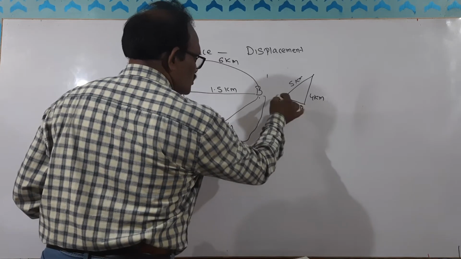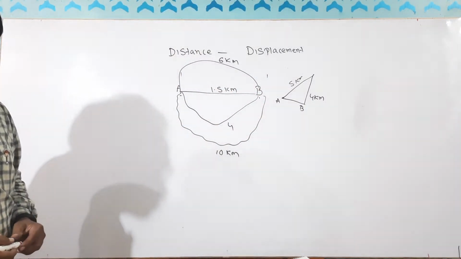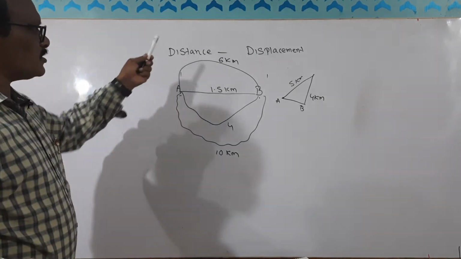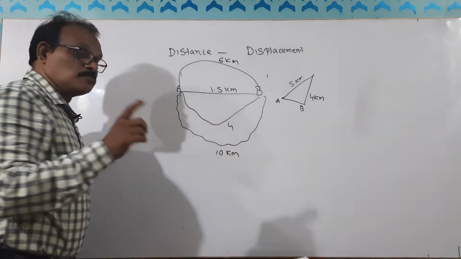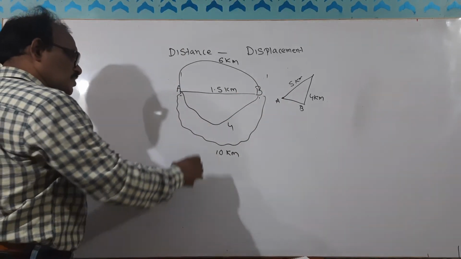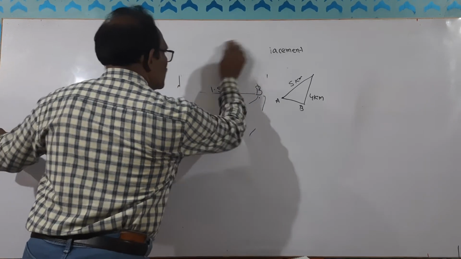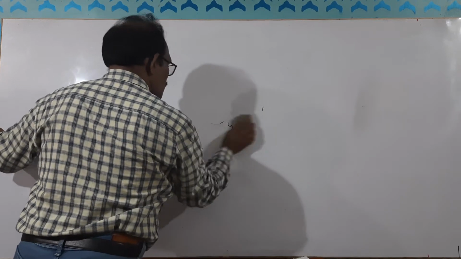The shortest distance is the displacement. The actual path covered by any body is called distance, but the shortest path is the displacement. Is it clear? Now we'll go to another term, scalar and vector quantity.